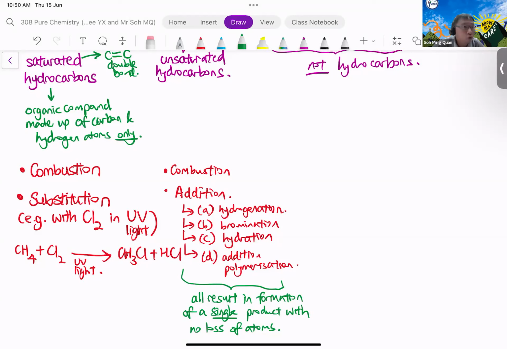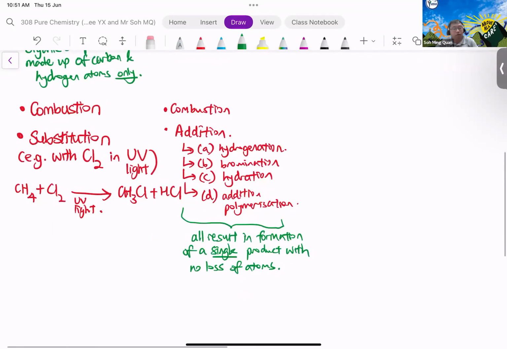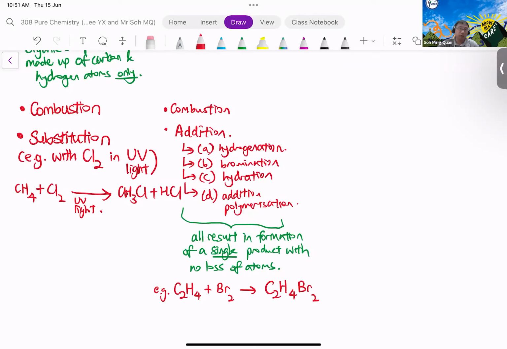There's no 2 products, 3 products on the right-hand side. All right? So I'll give you an example reaction. So something simple like C2H4 plus Br2. The product form is just this. Okay? So there's only one thing on the right-hand side of the equation. This tells you that you only form one single product with no loss of atoms.